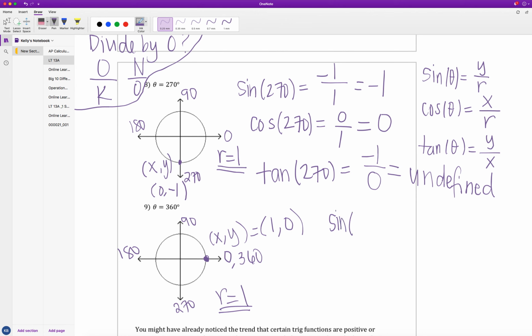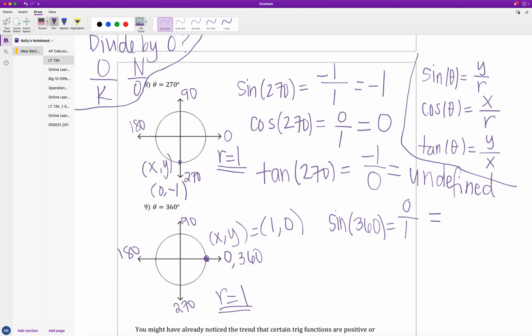Okay, let's start with sine. So if we start with sine of 360, sine is opposite over hypotenuse, or if we look at the alternative definitions up here, sine is y over r. Our y value here is 0, so it's going to be 0 over, remember our radius is always equal to 1. So 0 over 1, I'm allowed to do that, that's okay.